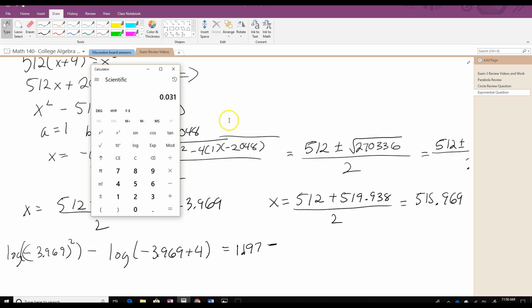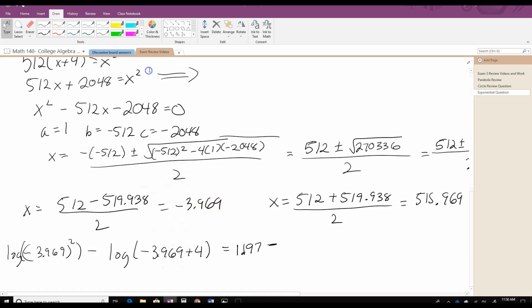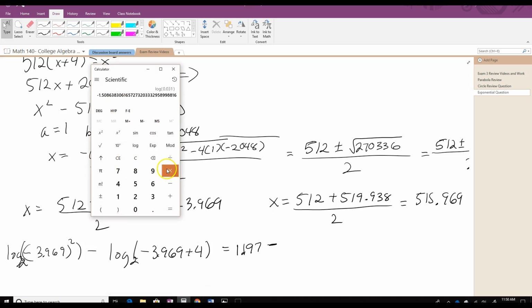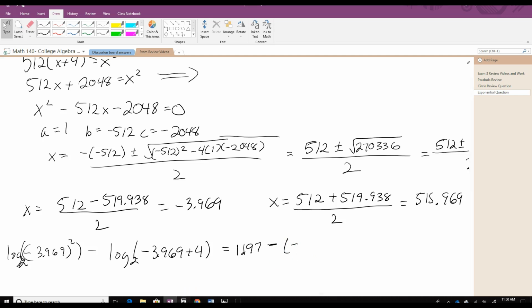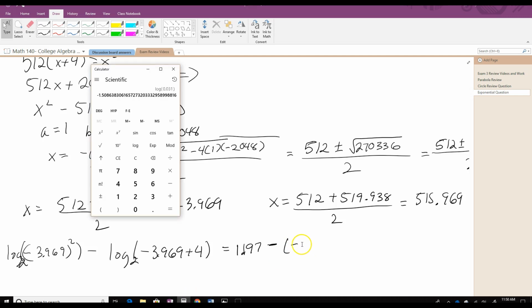So that's 0.031, and then we'll take that as a log. So this is actually log base 2. Log base 2. So this is going to end up giving me minus, and it'll be negative 1.509.